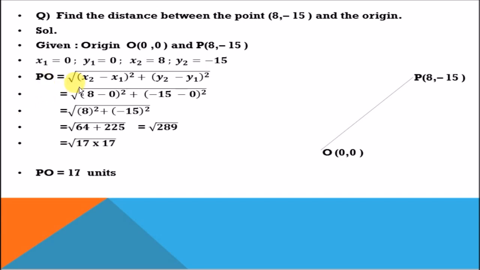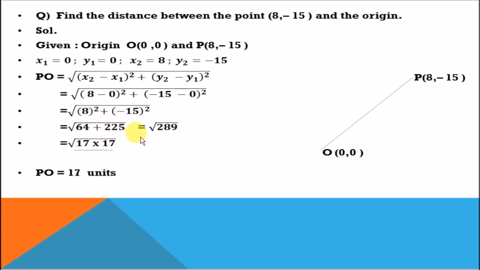So PO, since the distance is from P to O, 8 minus 0 whole square plus minus 15 minus 0 whole square, as x1 and y1 they both are 0. So we'll get 8 square plus minus 15 whole square. So 8 8s is 64, minus into minus plus 15 15s is 225.